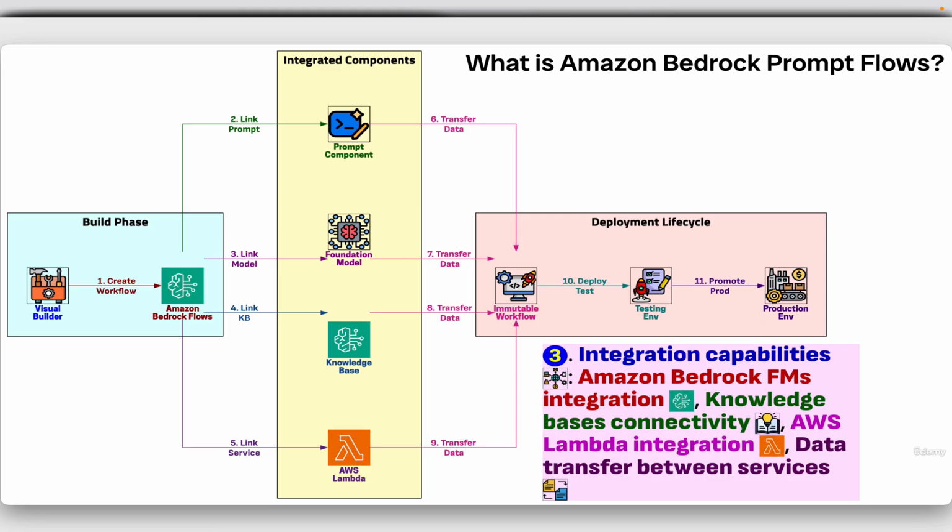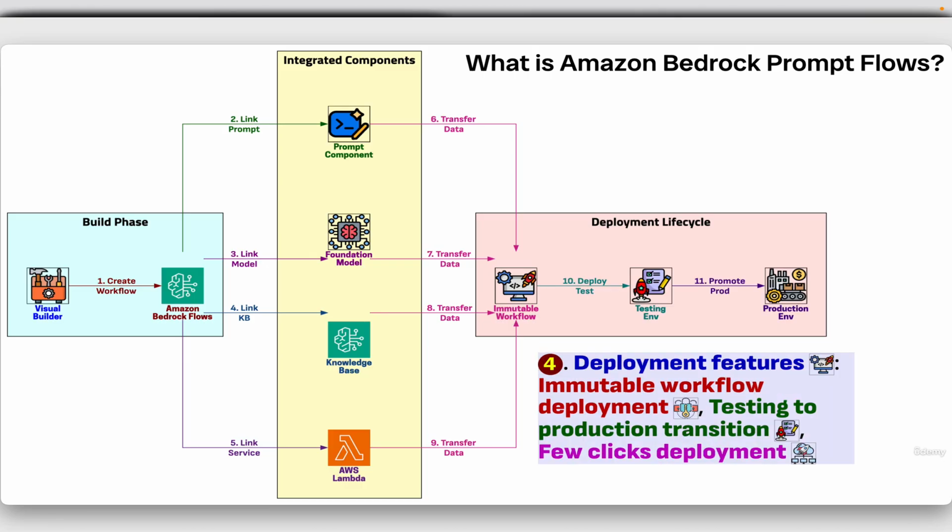The service provides integration capabilities that allow you to easily integrate with Amazon Bedrock offerings such as foundational models, knowledge bases, and other AWS services like AWS Lambda by transferring data between them. The deployment features enable you to deploy immutable workflows to move from testing to production in just a few clicks.